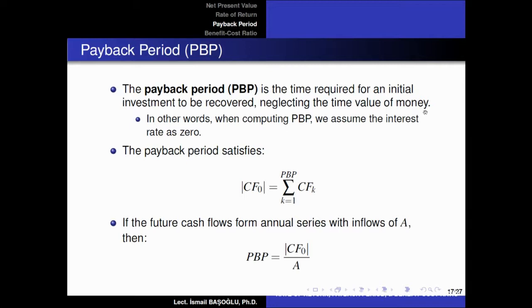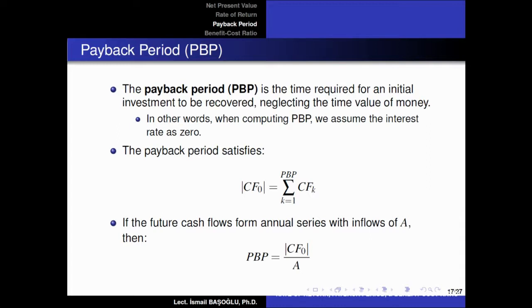Remember, we have always used the time value of money in our calculations, and we were determining the present value or the future value of these cash flows by multiplying them with the discounting factors. However, at this point, we are not going to use the time value of money, and we are basically going to determine the payback period by the time required for an initial investment to be recovered.